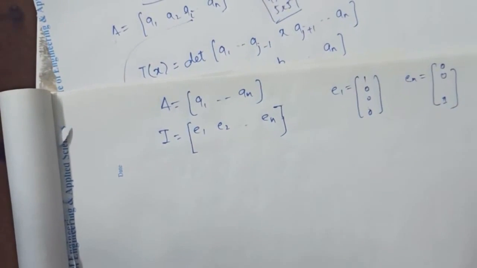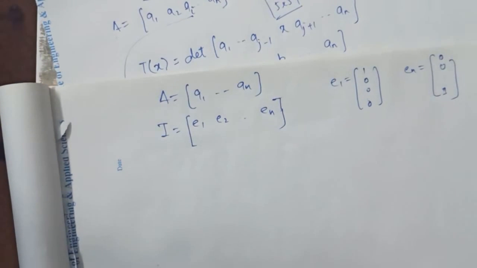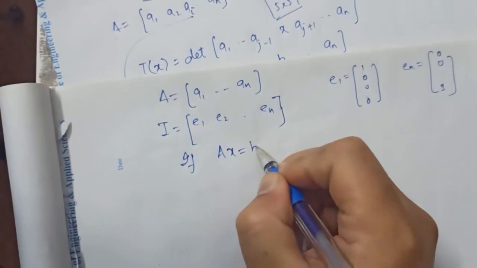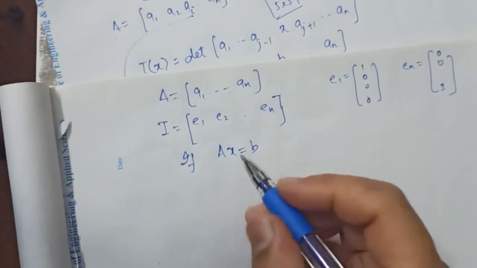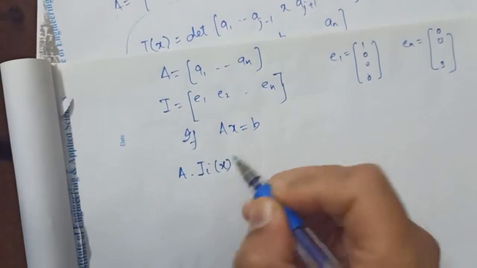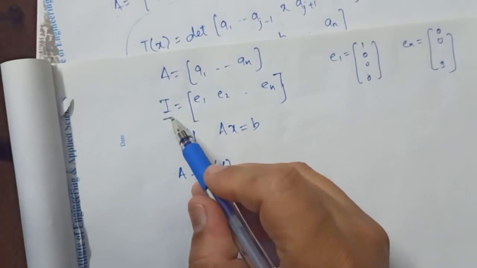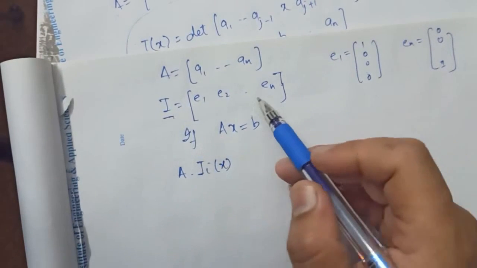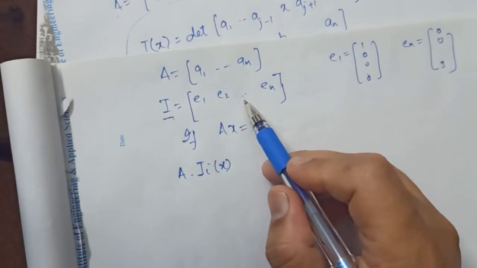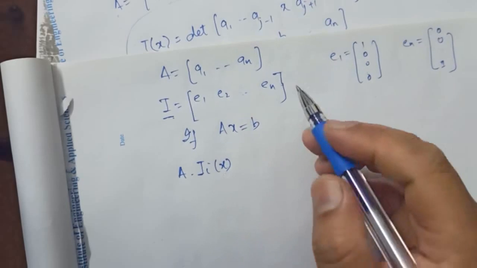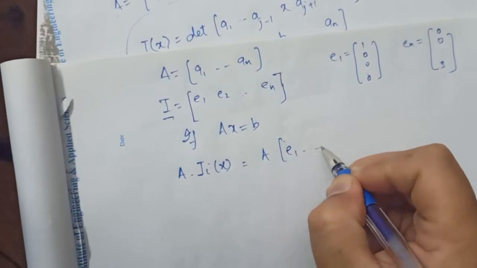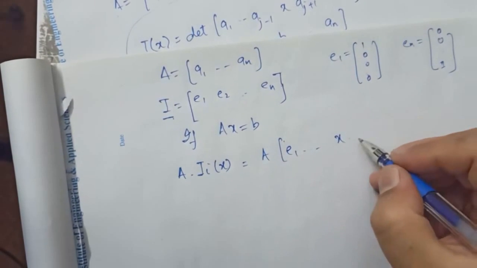Okay, now to prove that, by definition, if Ax equals b, right, so if I multiply A with Ii(x), it means this identity matrix, if I replace the ith column of this identity matrix with x, I can write this as A times e1, x, and en.